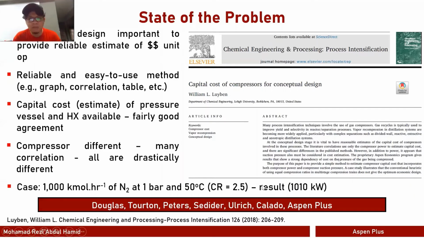Based on this brake horsepower, the author applied all of these correlations, and he found that the compressor costs are just different. It's not like they are in the same range; they are drastically different.